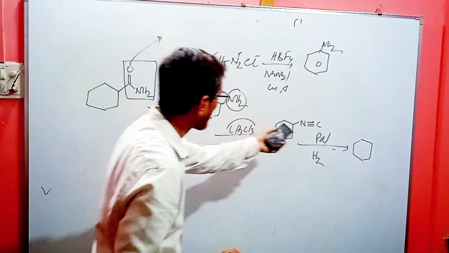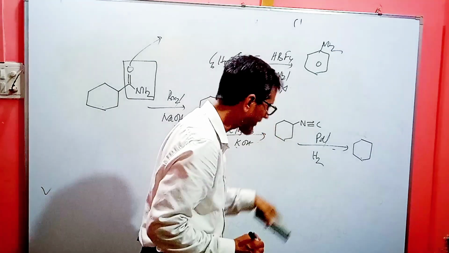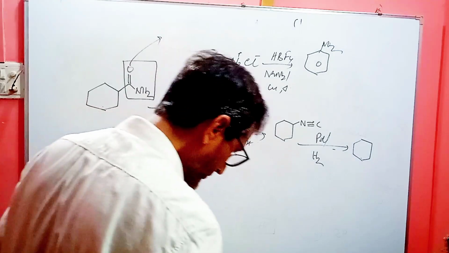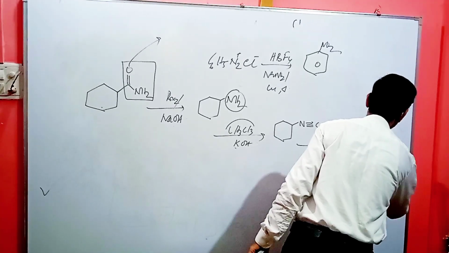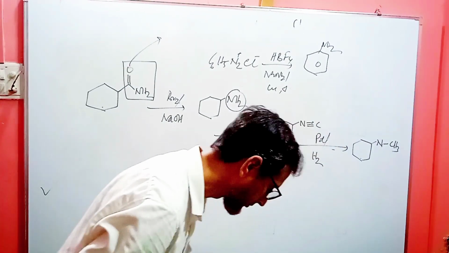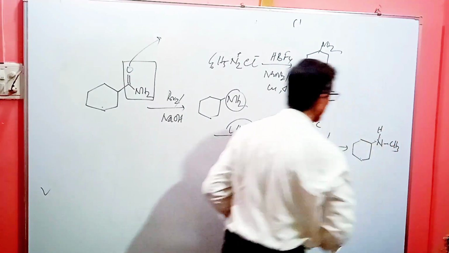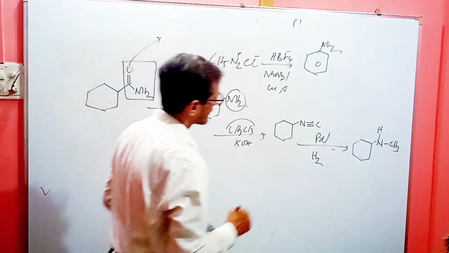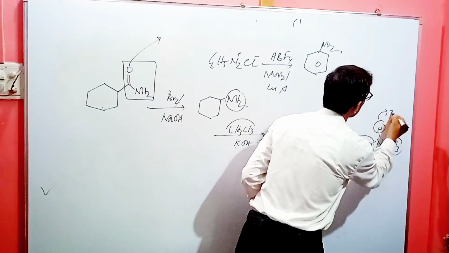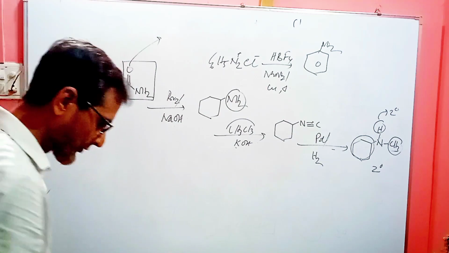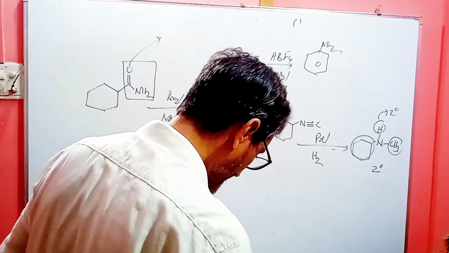So here there is one alkyl part, a cycloalkyl part, and the other part you will get as another CH3. One hydrogen is there, so it is secondary. Mind that whenever isocyanide is reduced, you will get a secondary amine.